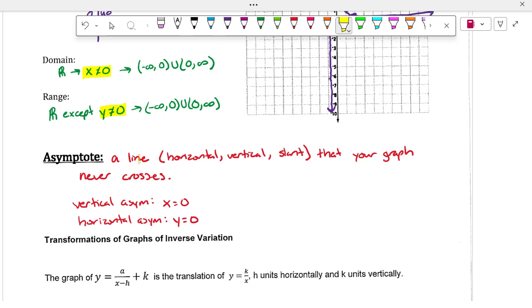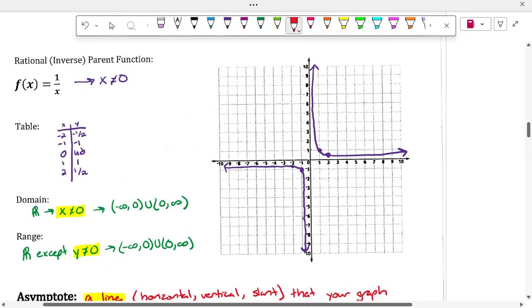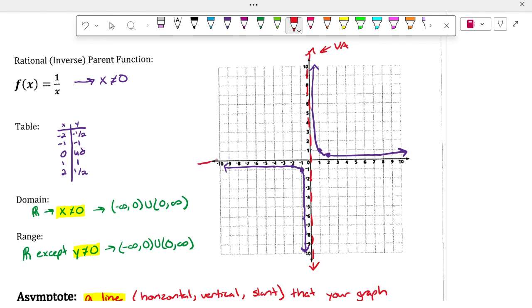And again, they are lines, meaning if I were to draw it on the graph, which typically when you graph a rational function you have to, the vertical asymptote is the y-axis, which we use a dotted line to draw asymptotes. So this is my vertical asymptote. You may see me write it as VA. Horizontal is the x-axis, because that's where y is equal to 0.